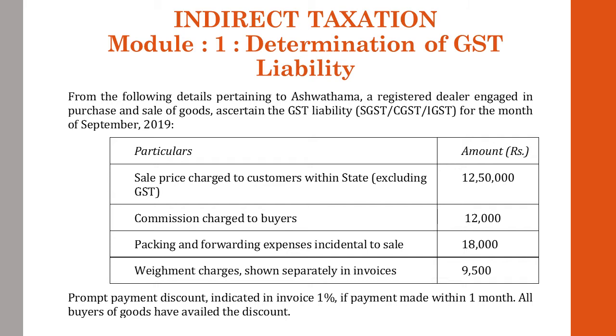2019. Particulars and amount. In the particulars column, sale price charged to customers within the state, that is excluding GST, they have given 12,50,000. Commission charged to buyers 12,000. Packing and forwarding expenses incidental to sale 18,000.